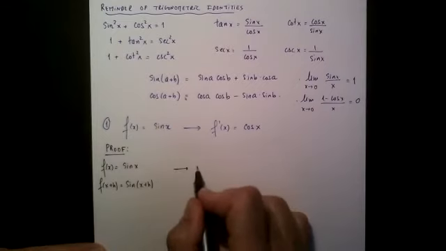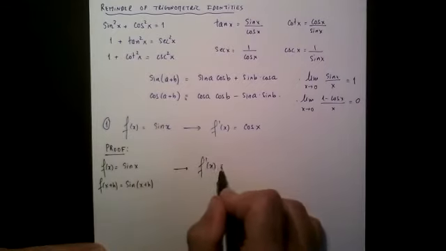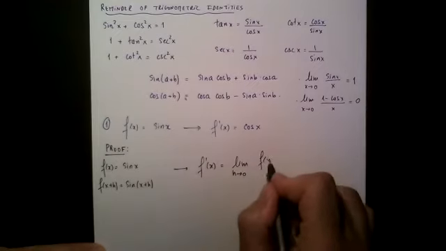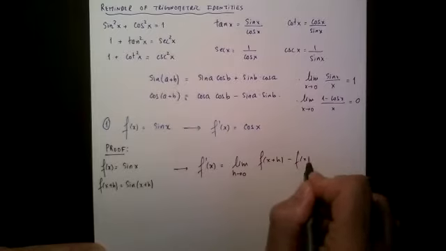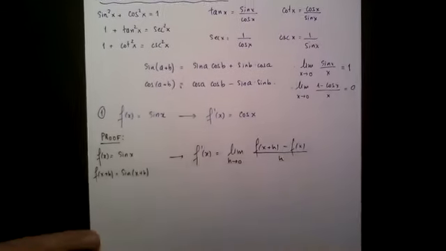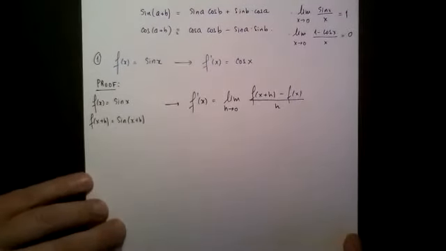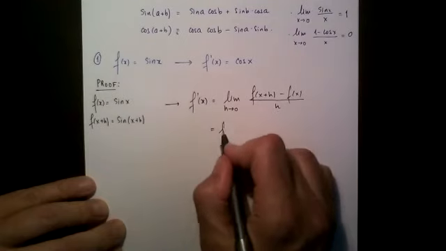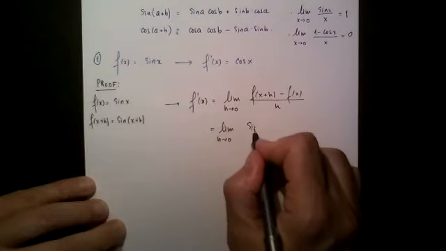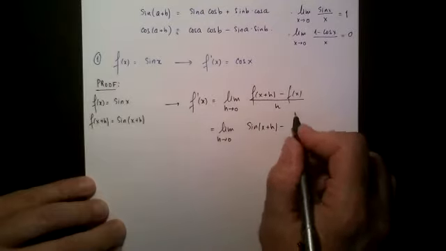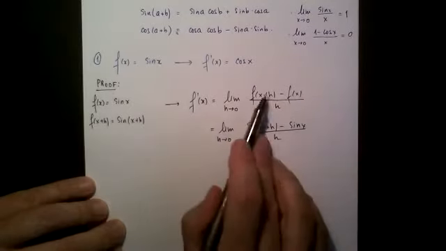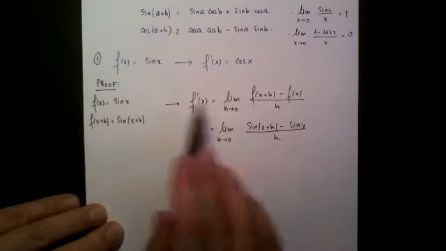So f prime of x will be the limit as h approaches 0 of f of x plus h minus f of x over h, which is equal to the limit as h approaches 0 of sine of x plus h minus sine x over h, right? f of x plus h is sine of x plus h, f of x is sine x.